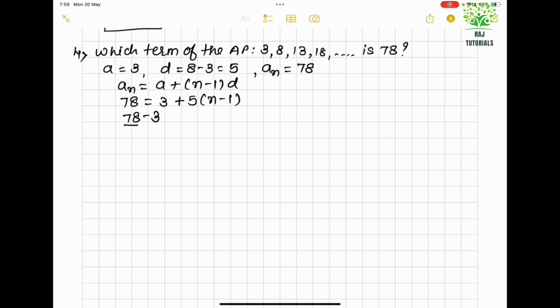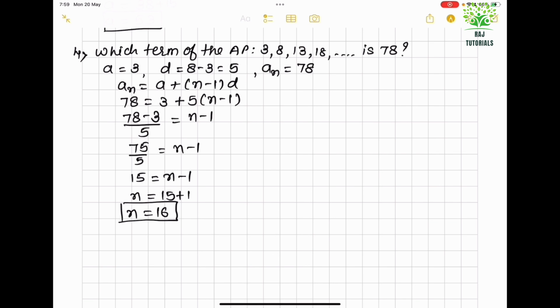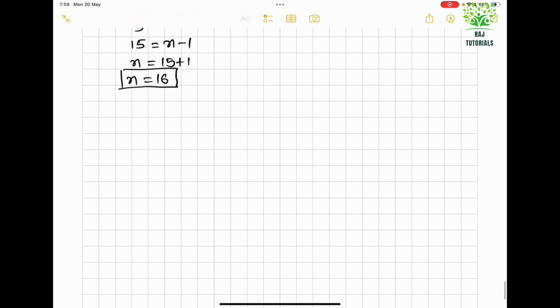So 78 minus 3 by 5 will be N minus 1. So 75 by 5 equal to N minus 1. So 15 equal to N minus 1. So N will be 15 plus 1. So N equal to 16. So the 16th term of the AP will be 78.